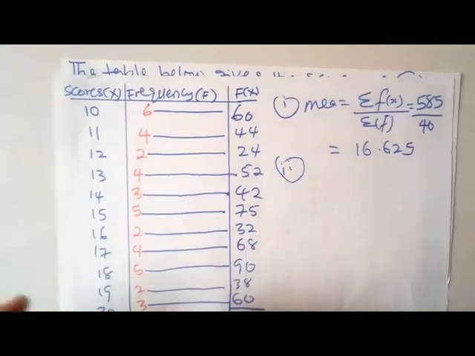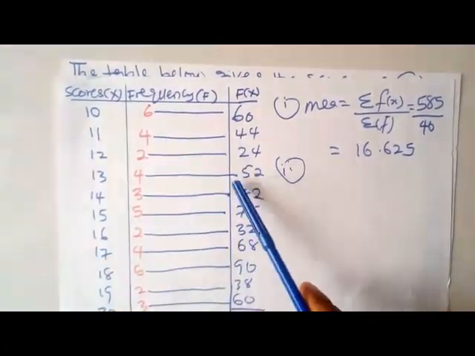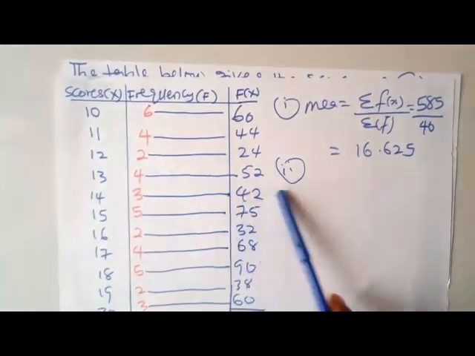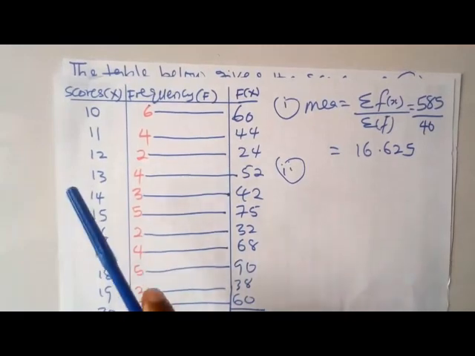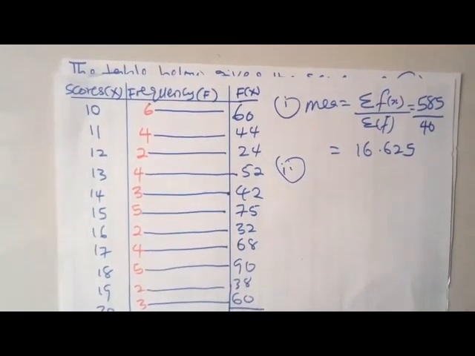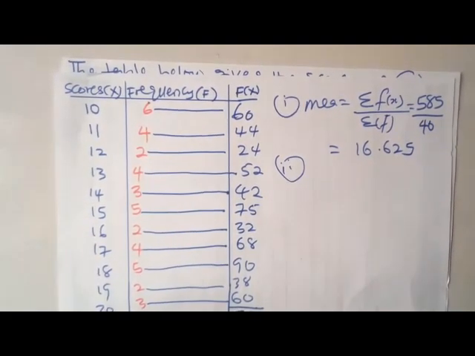Remember, if we are to expand this, I have to write 10 six times, 11 four times, 12 two times, 13 four times, 14, and so on. Then at the end we rearrange it in ascending order before we can find the median. You can see how hectic it is going to be.